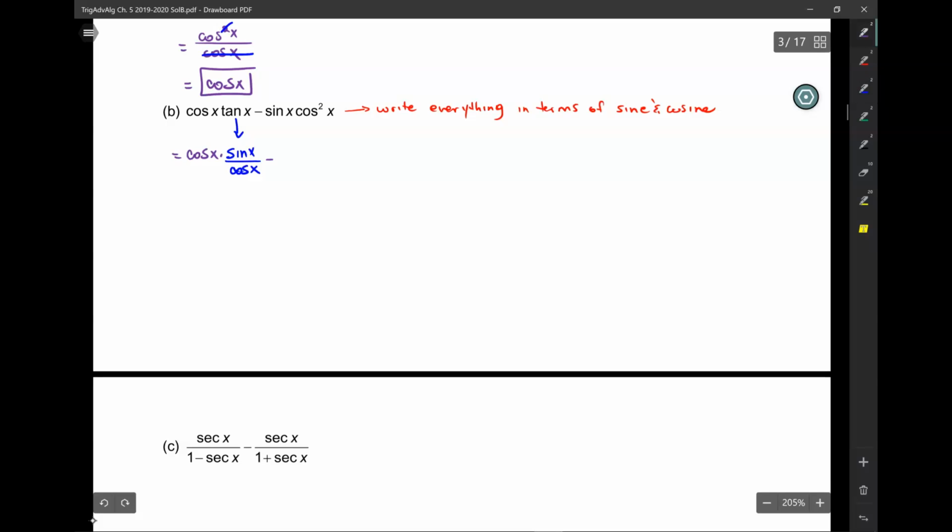Okay? Minus, the only thing I'm changing is the tangent. I'm just replacing tangent with sine over cosine because they're equal.